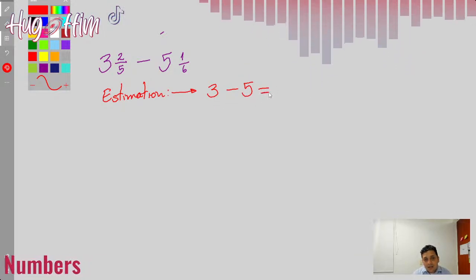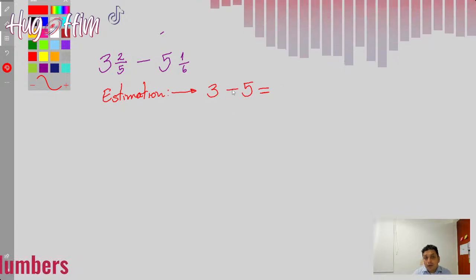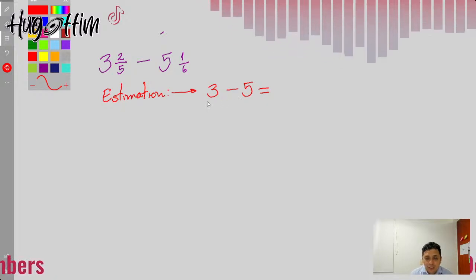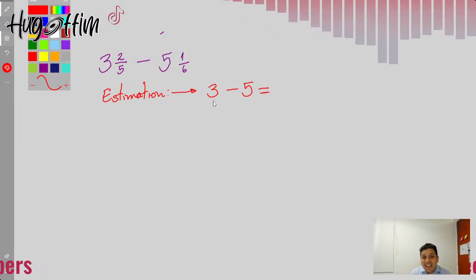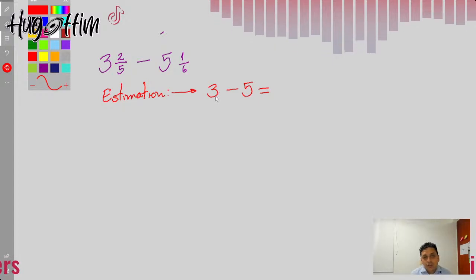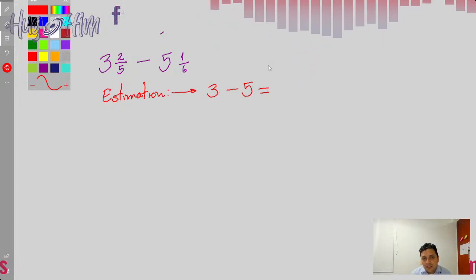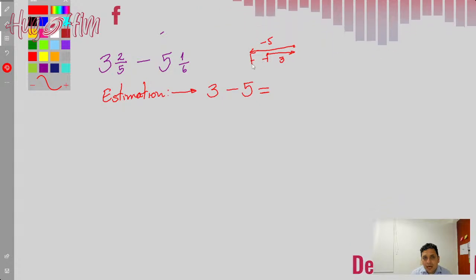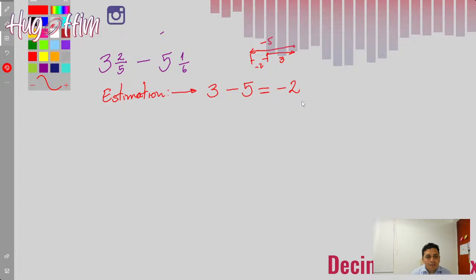And 3 minus 5, if you go and watch the video that I did about addition of integers, is like having an arrow of distance 3 in this direction, and then putting an arrow of distance -5 in this direction. So this is going to be -2. The answer is -2.